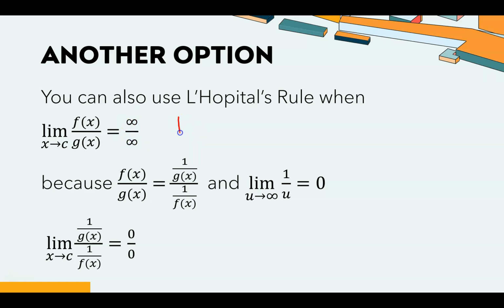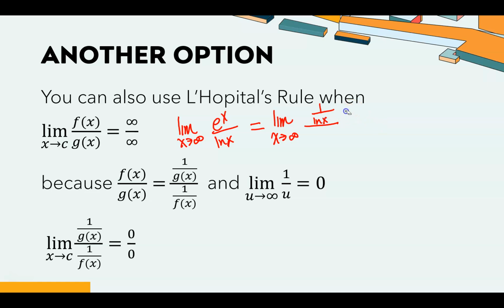Let's say we had the limit as x approaches infinity of e to the x over natural log of x. That's definitely not 0 over 0, but this is the same thing as the limit as x approaches infinity of 1 over natural log of x, over 1 over e to the x, which does go to 0.